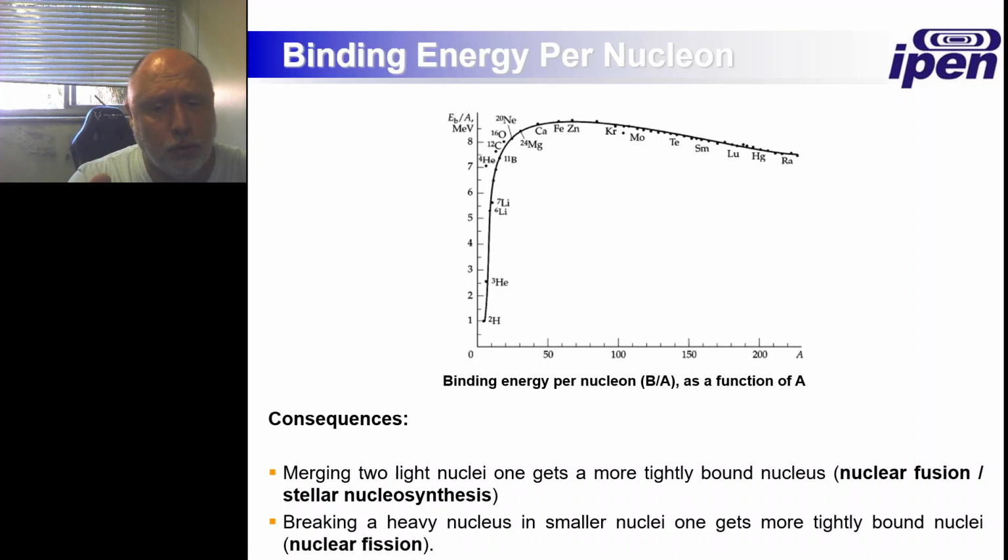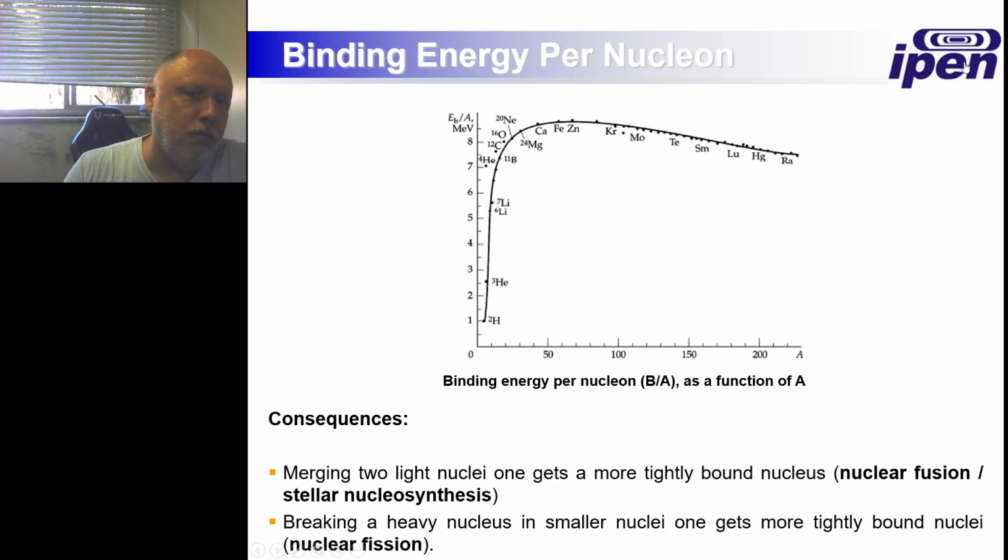This is also the process that goes on spontaneously in the production of heavy nuclei, nucleosynthesis, right? Because in a star, you have a lot of hydrogen that's burning and becoming helium, and helium becomes carbon, and that's how it goes. All because those reactions release energy.